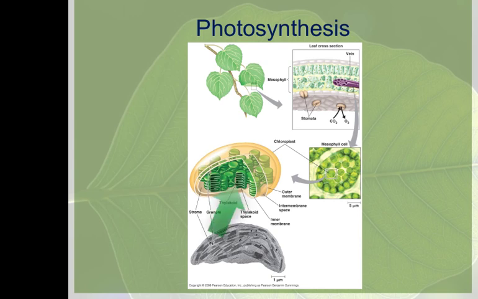The inner membrane is folded into stacks of discs. These are called thylakoids. The pigments and chemical reactions of photosynthesis are housed in the thylakoid membrane. Notice also this word here, stroma. Stroma is a semi-liquid substance that surrounds the thylakoids, and some of the processes of photosynthesis happen in the stroma. We'll come back to that.